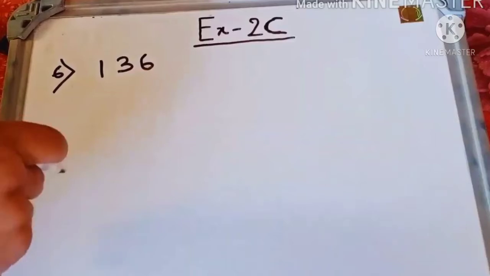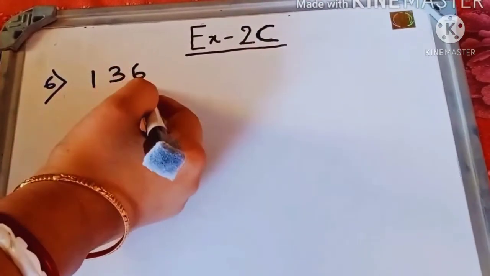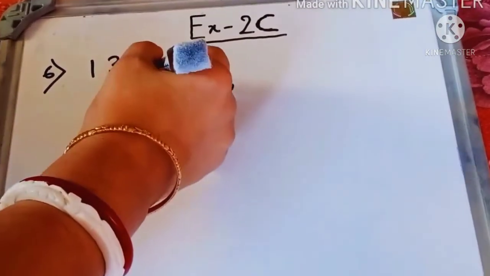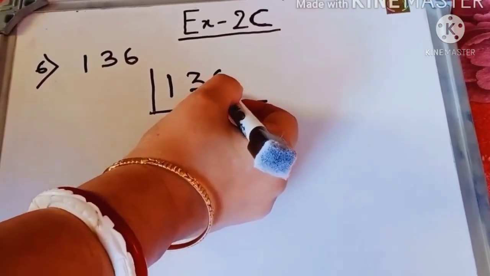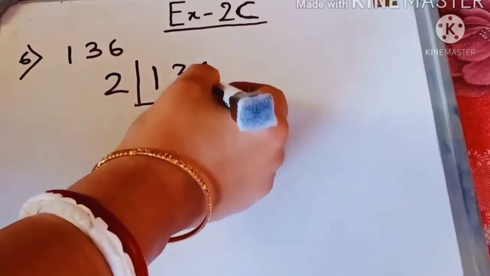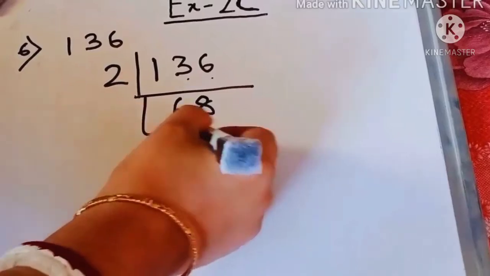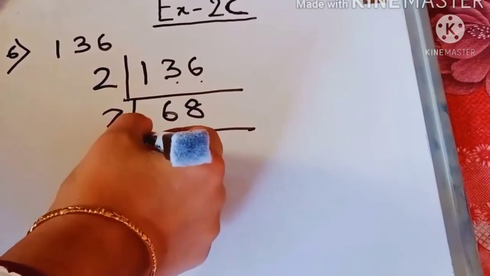Okay. We have question number 6, 136. Again we will be using the division method. So we write 136. This is an even number, so we can start dividing it by 2. So 2 6s are 12. Again 2 8s are 16. 2 3s are 6. 2 4s are 8.